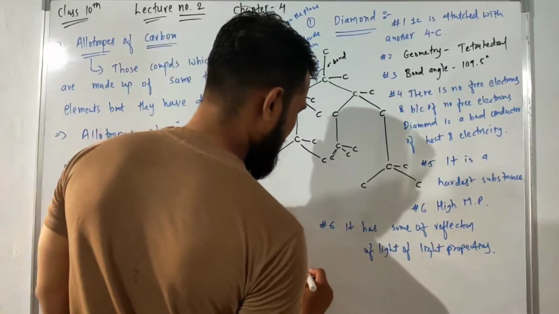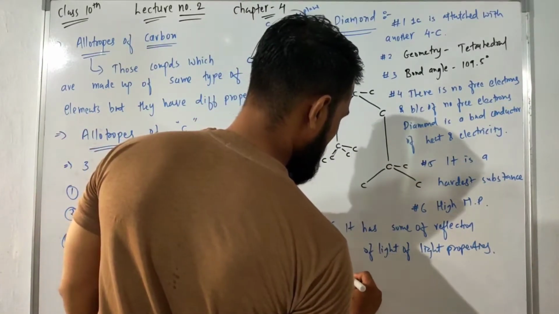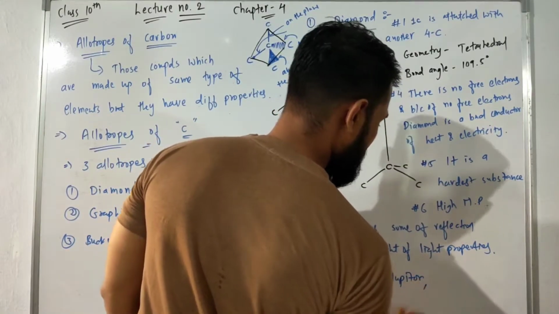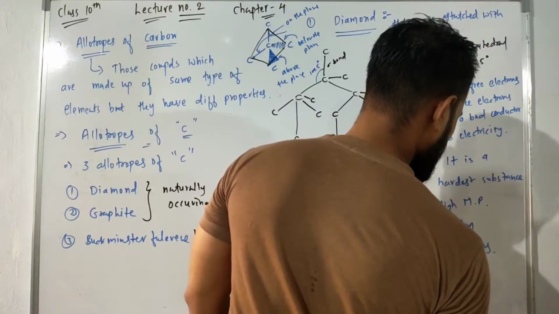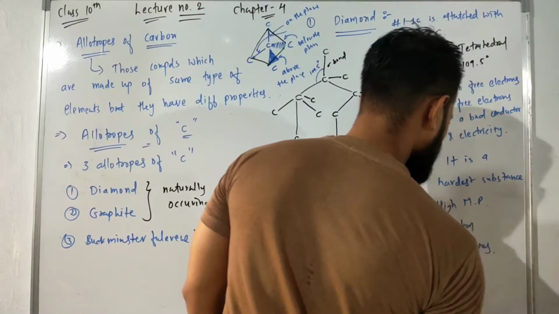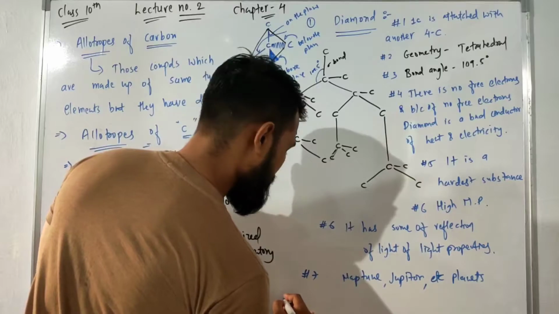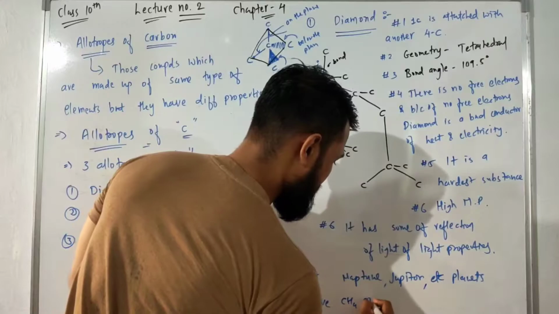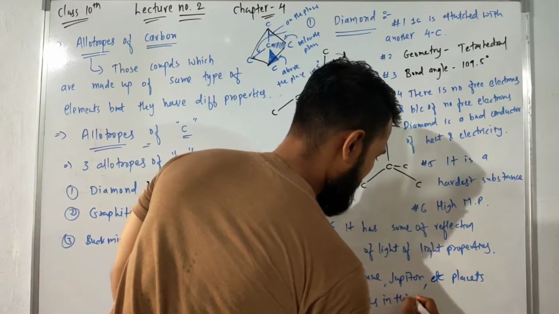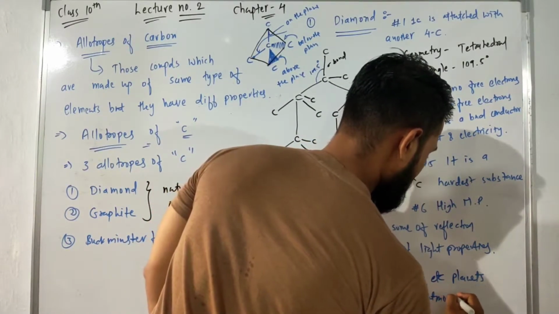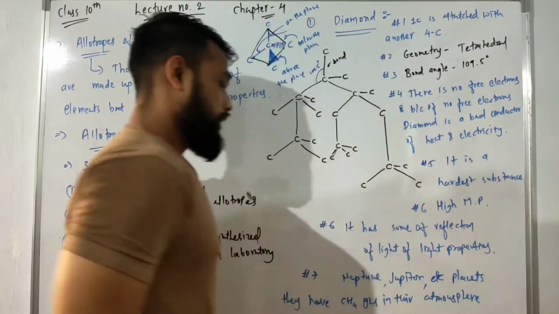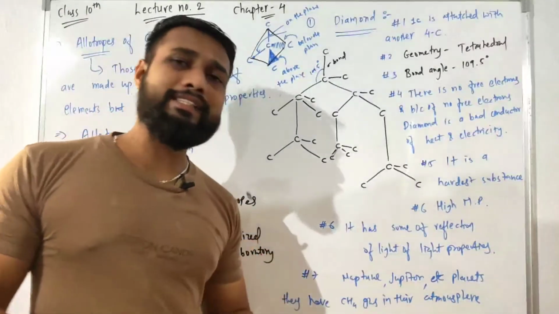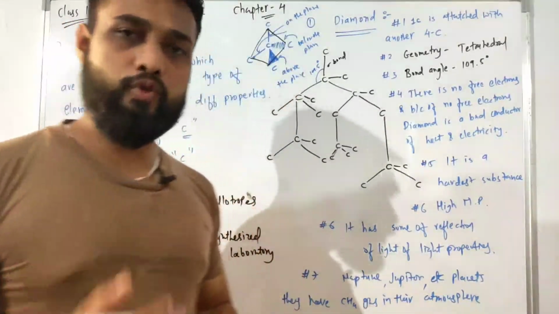Seventh one: Neptune, Jupiter, Saturn, etc., these planets have methane gas in their atmosphere.